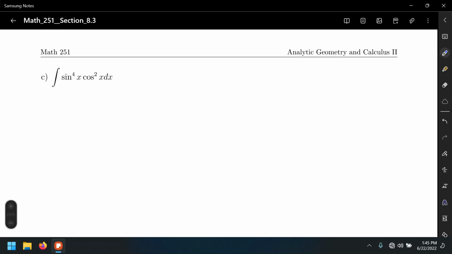The first thing I would like to do, before using the power reduction formula, is to rewrite that, because cosine squared is pretty much ready to be transformed into its corresponding reduction. So I'm going to rewrite this as sine squared times cosine squared x dx.